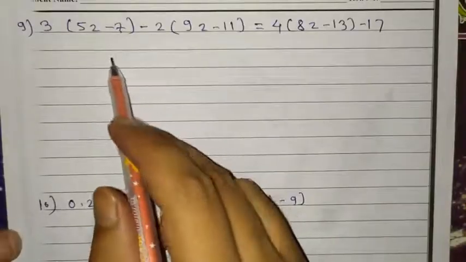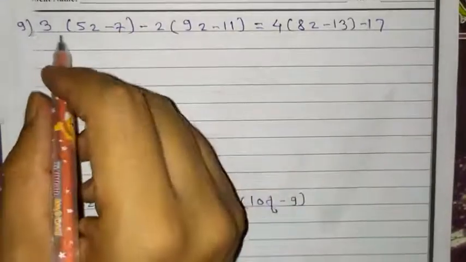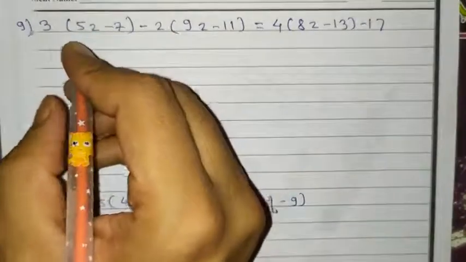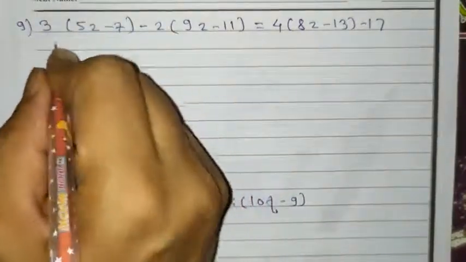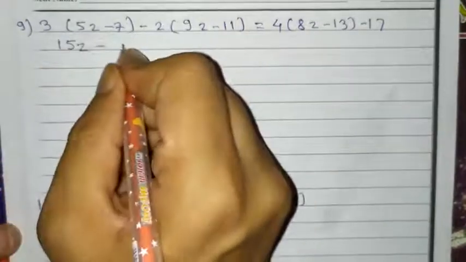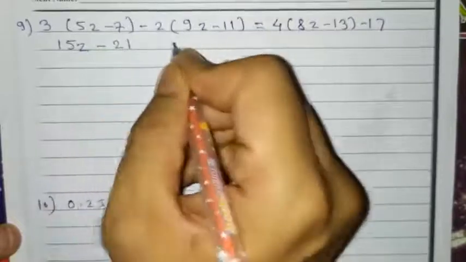So here we are in the next question, and here you do the multiplication as usual, as we did in the previous question. So 5 into 3 is 15z, minus 7 into 3 is 21.